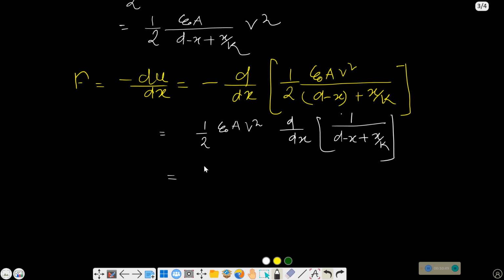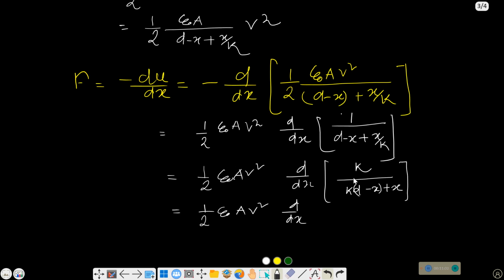To make it easier, half epsilon naught A V square, d dx of k by k d minus x plus x. We can bring the k here, because k is also a constant.